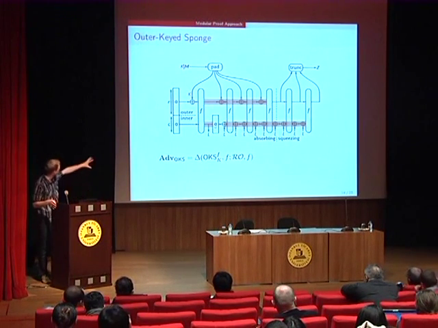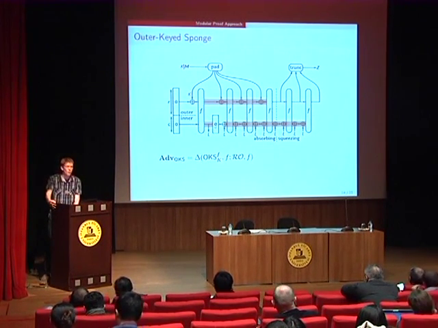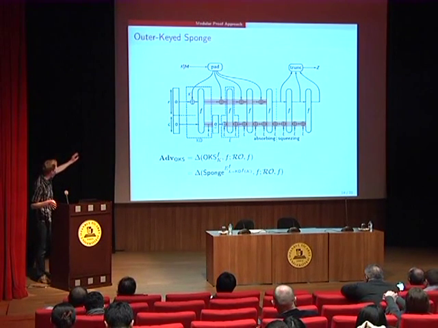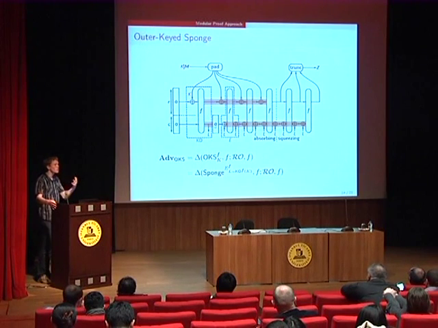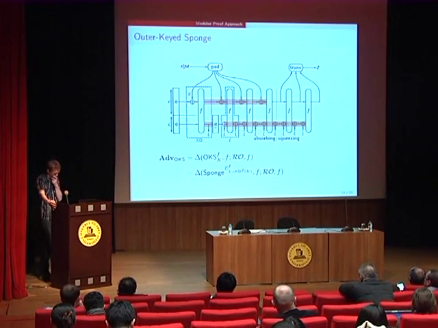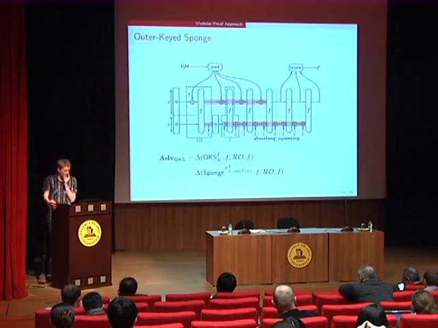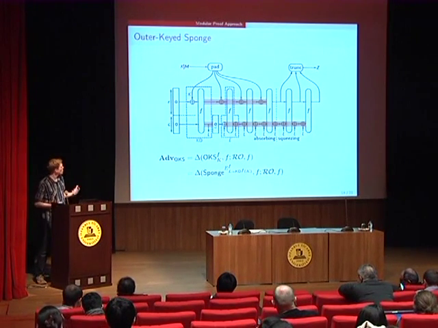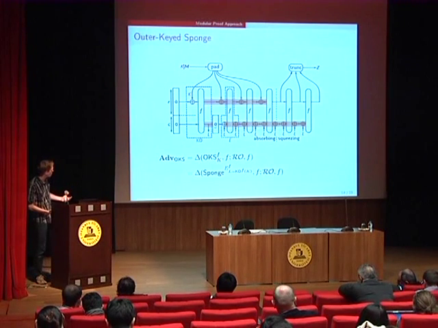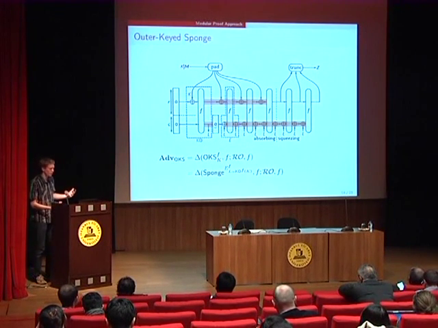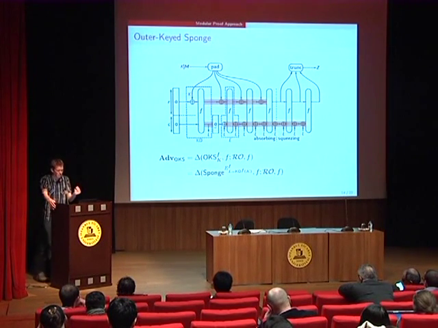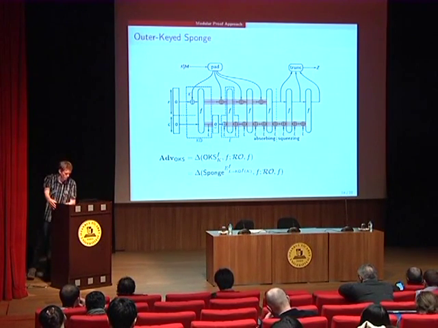So we again see this Even-Mansour thing appearing, but now with a subkey L, where L is key derived. So we have this key derivation function that gives us value L, and using this L, we use the Even-Mansour construction. And then the security of the outer keyed sponge is essentially the security of the sponge using the block cipher, using the primitive f, where the block cipher gets as its input the secret key L, which is derived using the primitive f.